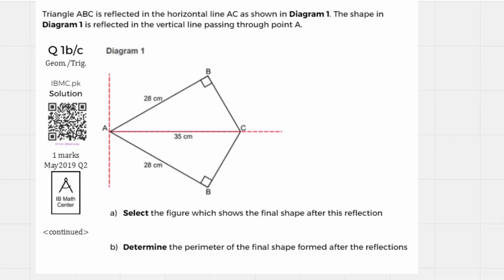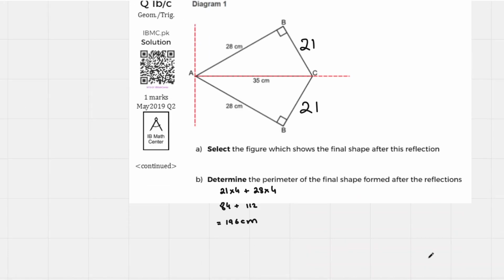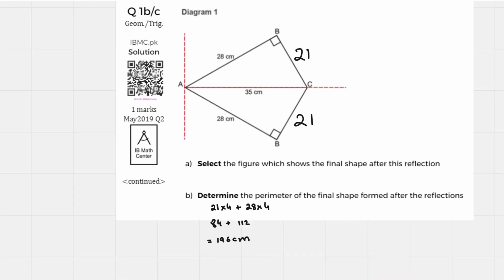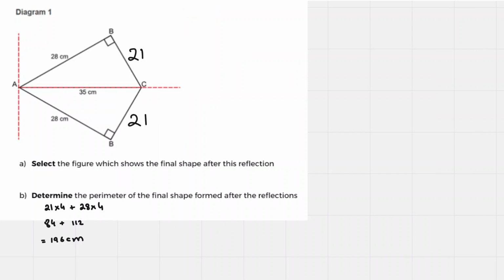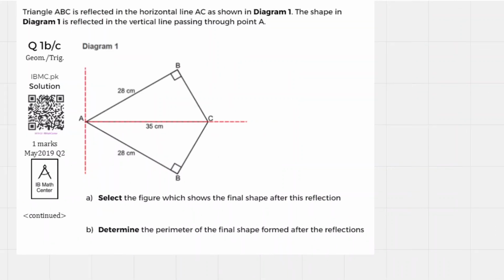Yep, 196. So option B and 196 centimeters. For those who would like to look at the solution, feel free to pause the video here. And for those who would like an explanation to this question, let us begin.